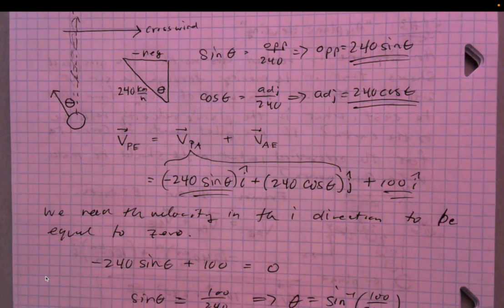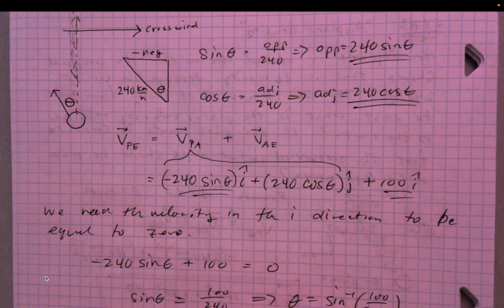And so theta, when you plug all of that into a calculator, you'll find that theta is equal to 25 degrees. A little more than the angle that the crosswind is throwing the plane off of north. So just a little extra needed to keep it on path.